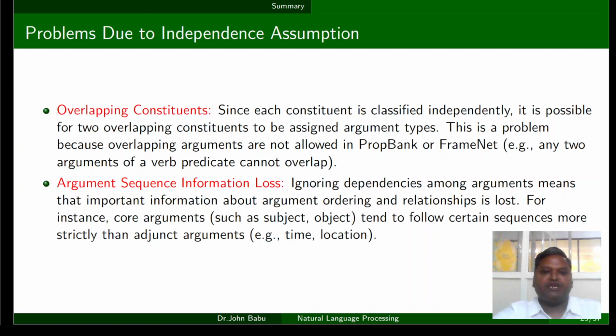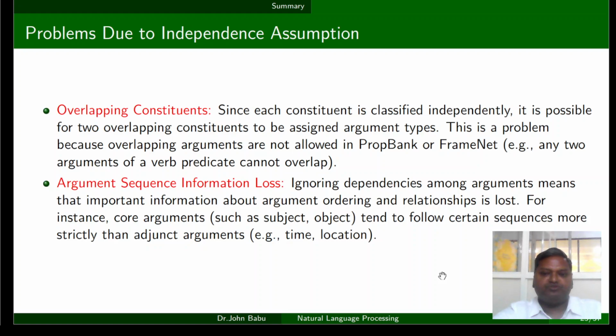And this overlapping is not allowed in the resources, whether it is PropBank or FrameNet. Two arguments of a verb predicate cannot overlap or cannot have the same classification. Something like both cannot be assigned argument 1, both cannot be assigned argument 2, like that.